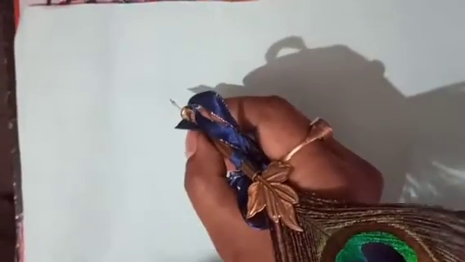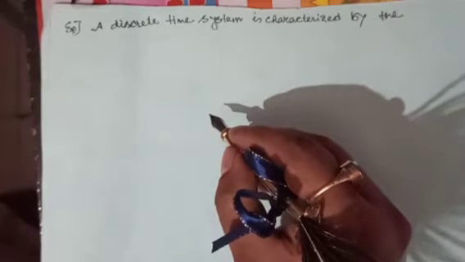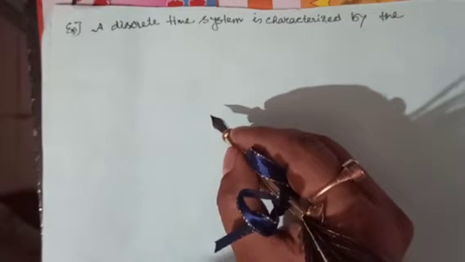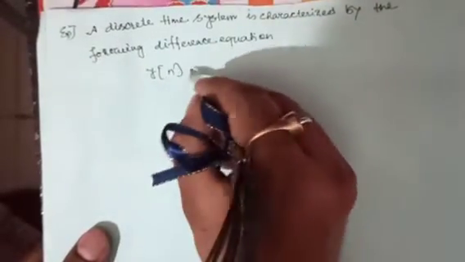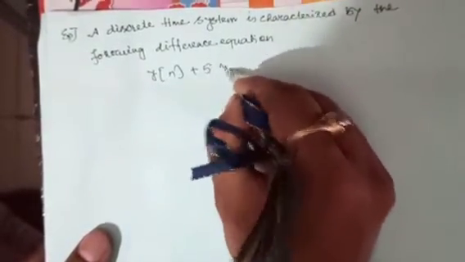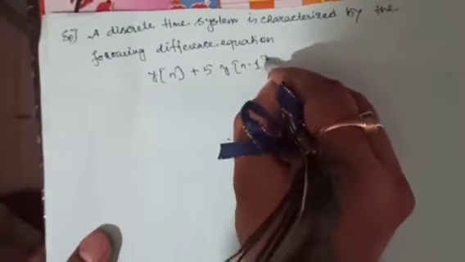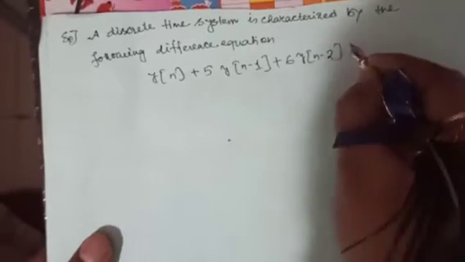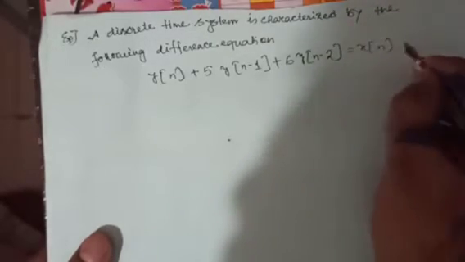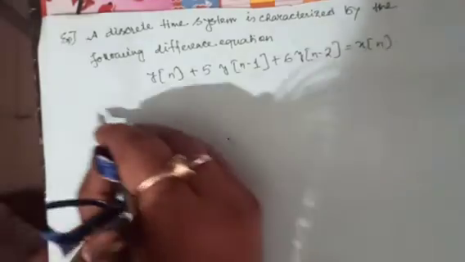This particular method I'll explain with an example now. Let us consider one example. Say a discrete time system is characterized by the following difference equation: y of n plus 5 y of n minus 1 plus 6 y of n minus 2 is equal to x of n.